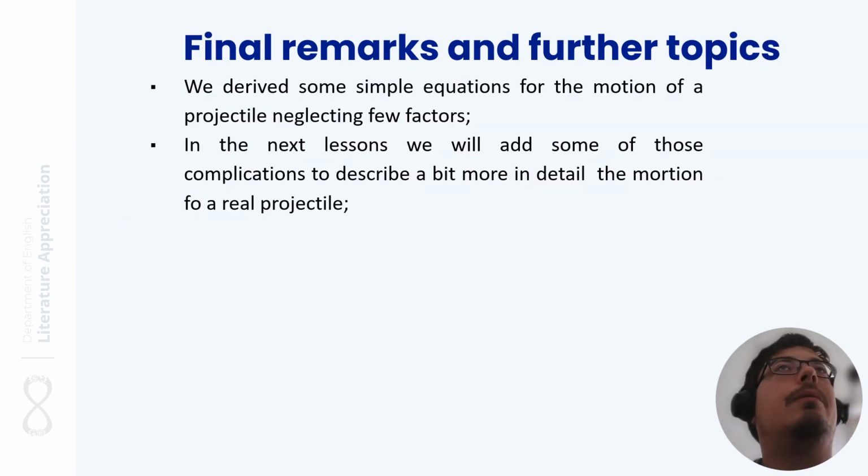We have some simple equations for the motion of a projectile, neglecting a few factors, air included, and then the next lecture will add some of those complications to describe a bit more the real projectile motion, and then we will derive some useful formulas to estimate the best shooting trajectory in simple cases.